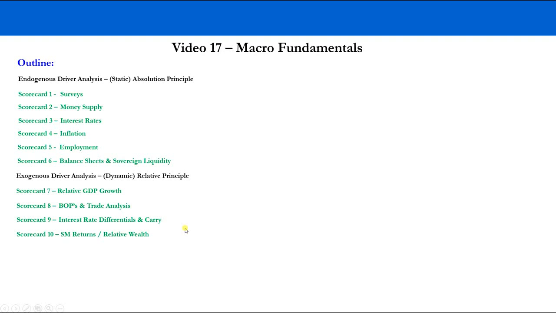So what we're going to be looking at in this section of the video series is the exogenous driver analysis and scorecards 7, 8, 9, and 10. So we're going to start with relative GDP growth, measuring the GDP growth of the United States versus Australia. And what we're going to be looking for is the differential between the two.